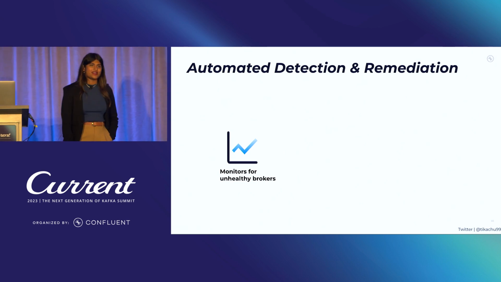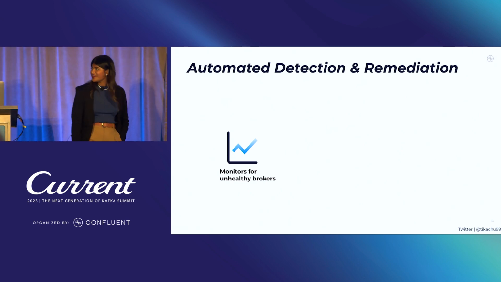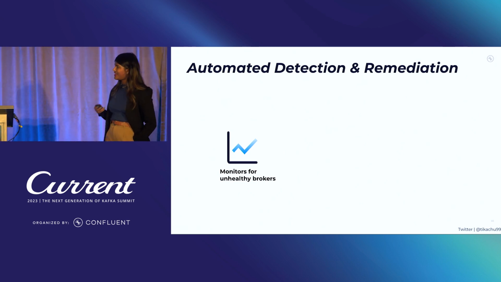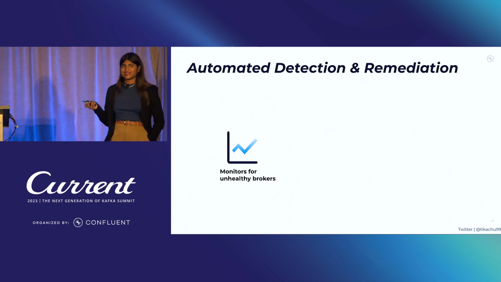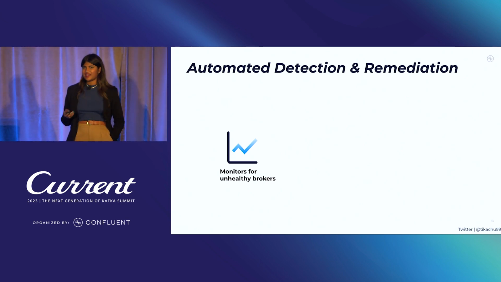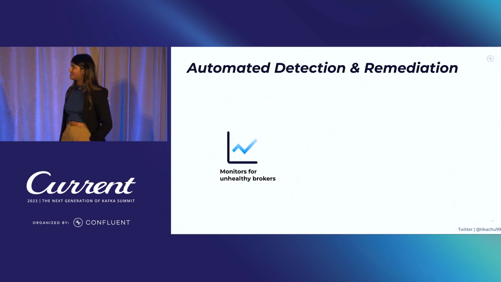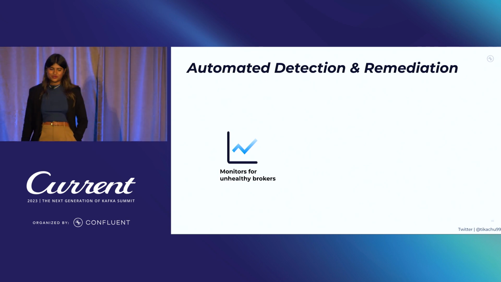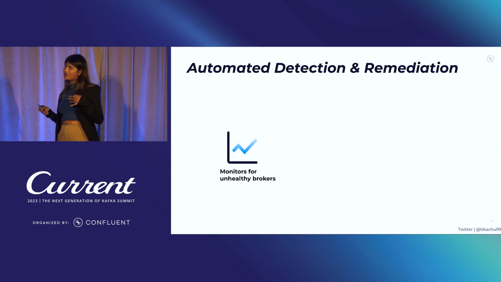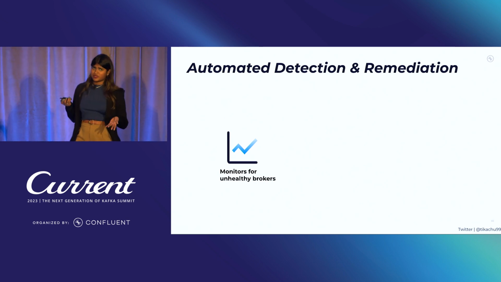So to bring it all together, let's walk through the pipeline. First we set up some monitors for the unhealthy brokers, and we're using the same latencies that I described earlier. We're looking at the end-to-end produce consume latency, and we're also looking at the storage latencies to determine whether this broker is unhealthy due to degraded storage.